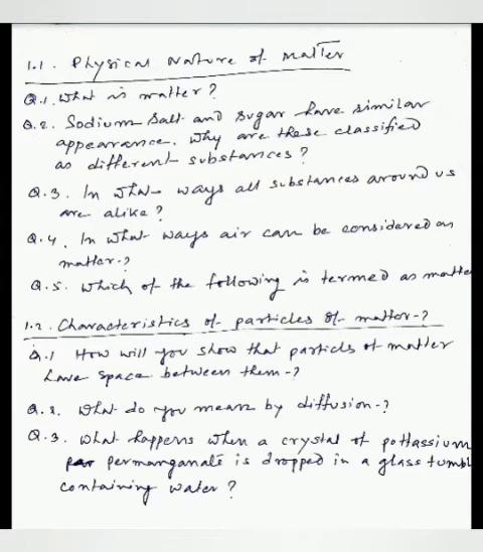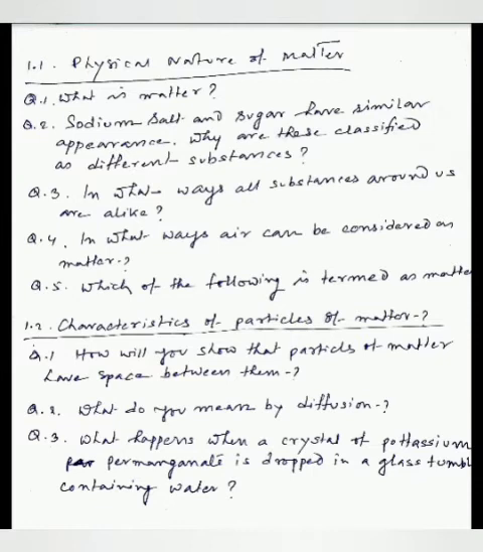The next question may be, what do you mean by diffusion? Particles of matter are always in the state of motion. They move to interact with other particles and distribute themselves equally in all available spaces.